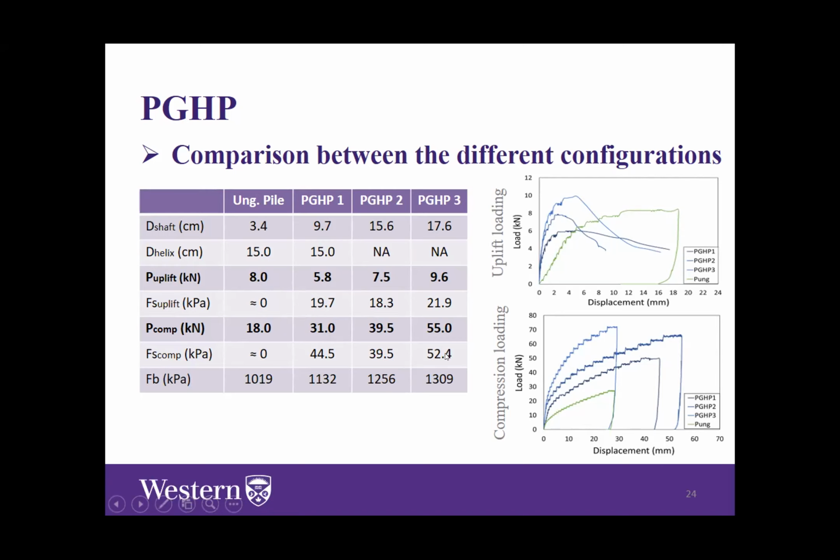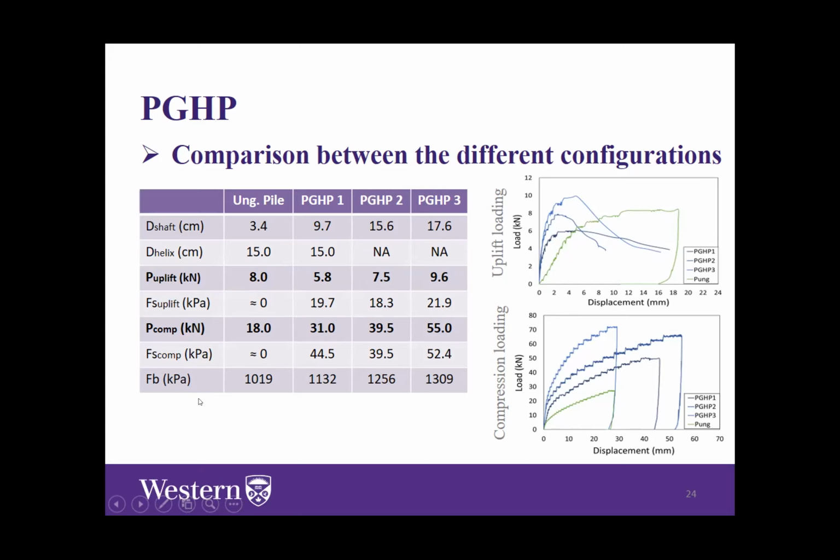However, the shaft resistance for the grouted piles ranges between 40 kilopascal and 50 kilopascal, due to the high grout bond and the creation of this grout column, or grout shaft.